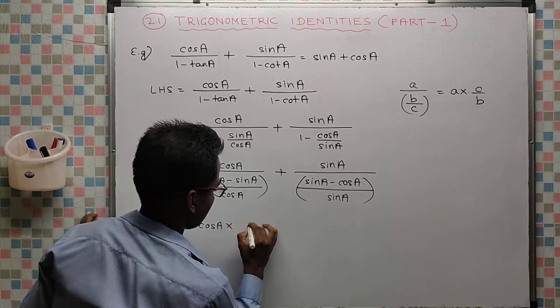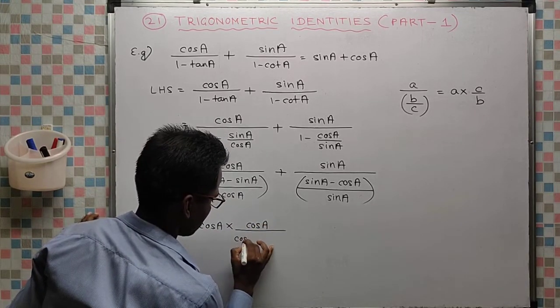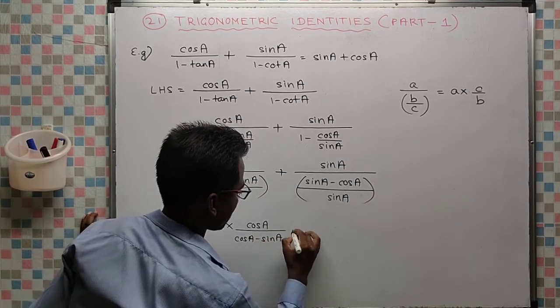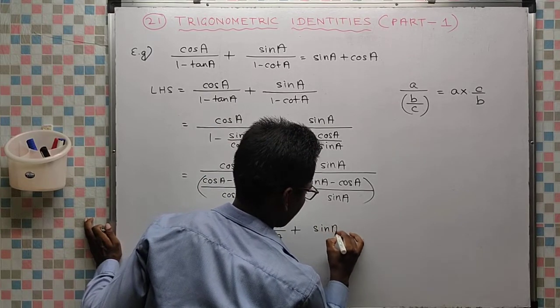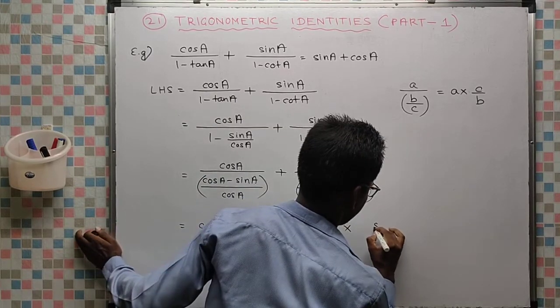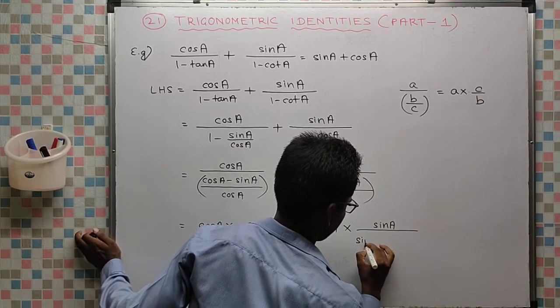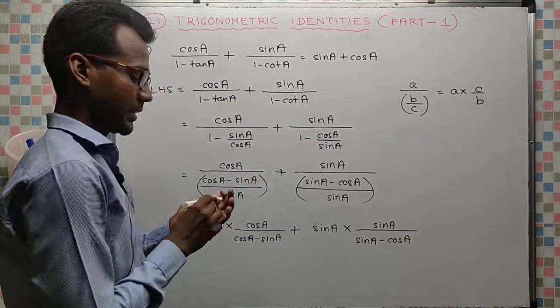Cos A into cos A by cos A minus sin A plus sin A into sin A by sin A minus cos A.